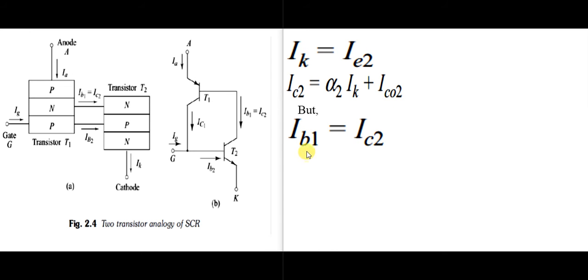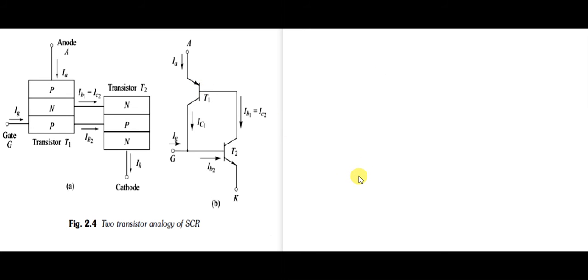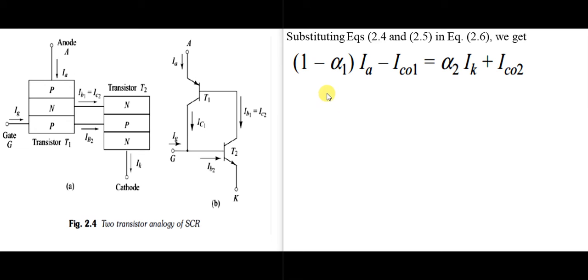But IB1 now equals IC2, meaning the base current of transistor 1 is equal to the collector current of transistor 2. Here we can see it is interconnected. Base and collector are interconnected, so both currents will be equal. Substituting all these values, we get (1 minus alpha 1) IA minus ICO1 equals alpha 2 IK plus ICO2.